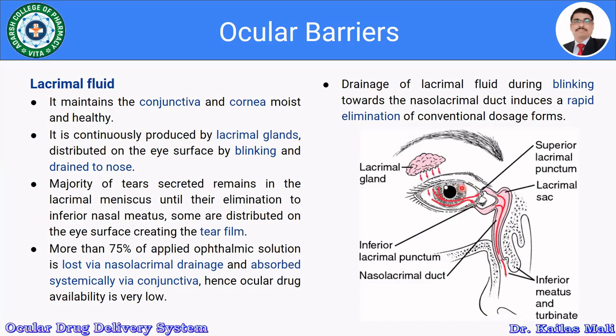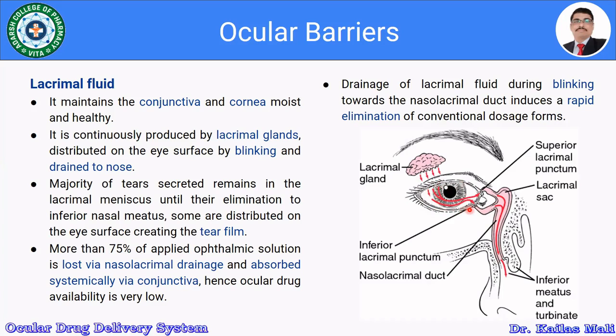The majority of tears secreted remain in the lacrimal meniscus until their elimination to the inferior nasal meatus, and some are distributed on the eye surface, creating the tear film. And the tear film acts as a barrier for permeation of a drug into the ocular tissue.